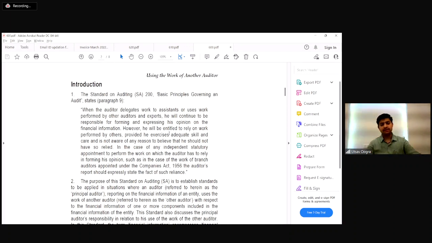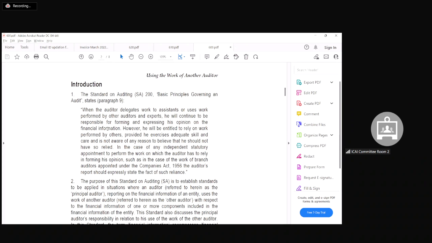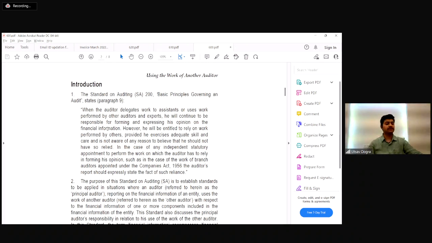First of all, we need to understand the basic principle governing this standard. In the opening para itself, it says when an auditor delegates work to an assistant or uses work performed by the other auditor and experts, he will continue to be responsible for forming and expressing his opinion on the financial information.